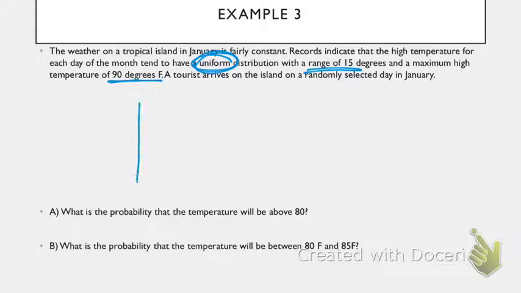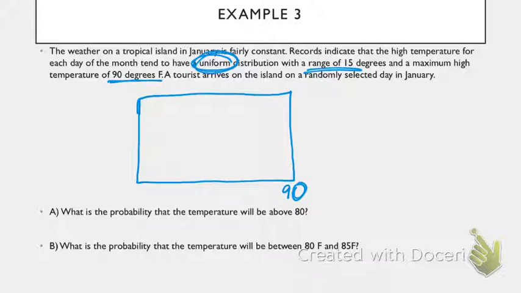So I'm going to draw my rectangle. It tells me that the max is 90, and what would go on the lower end? 75. How come? Because it's a range of 15. Yeah, a range of 15. And then my height would be 1 over 15.